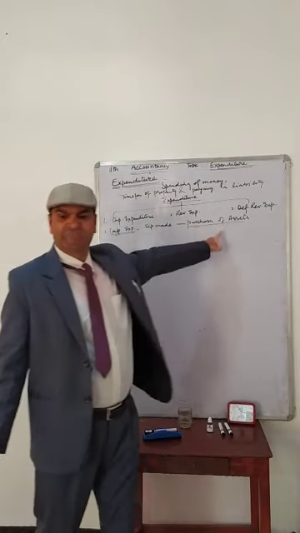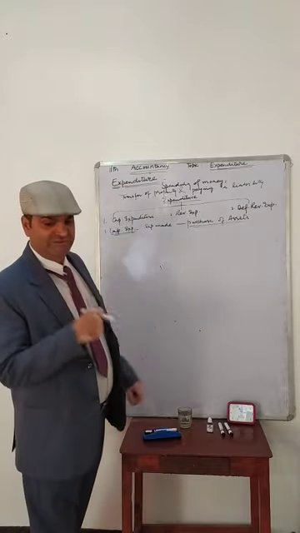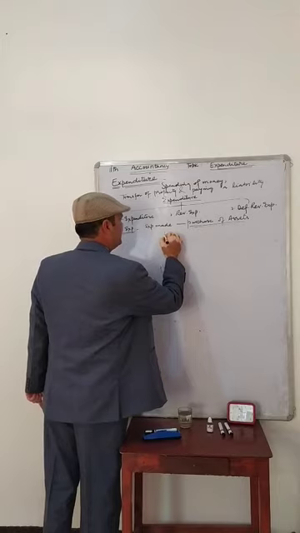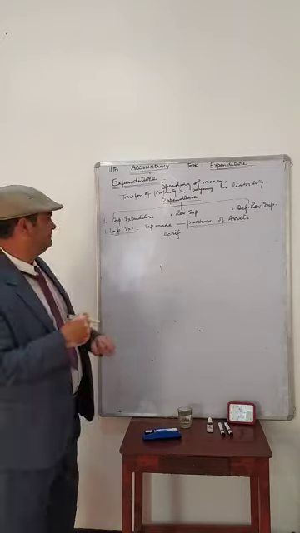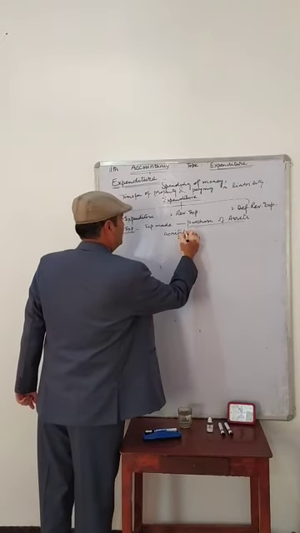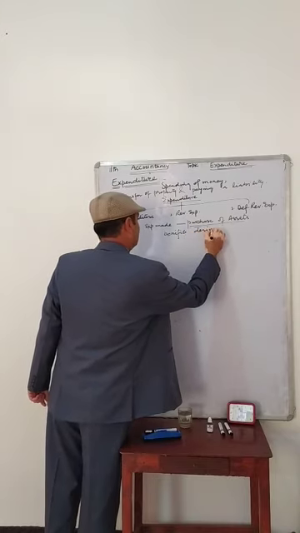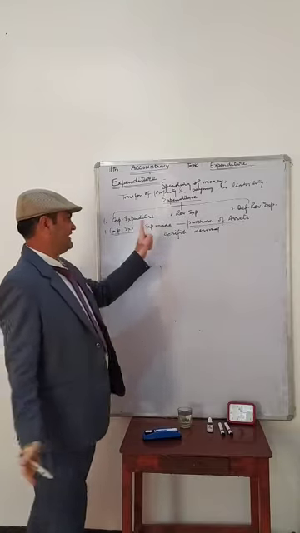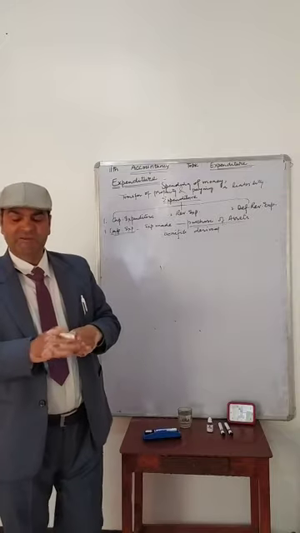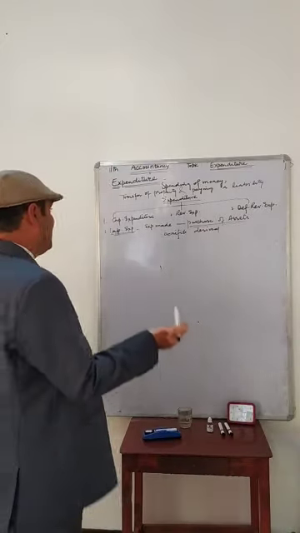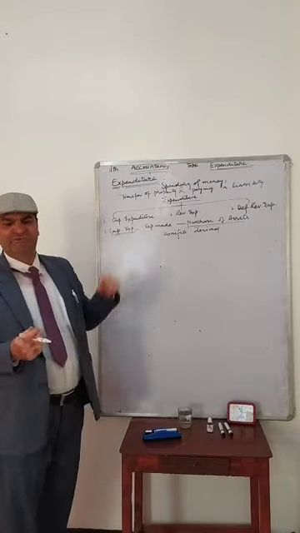The payment made for the purchase of assets from which benefit will be derived, that means from which profit will be earned in future. That's called capital expenditure.